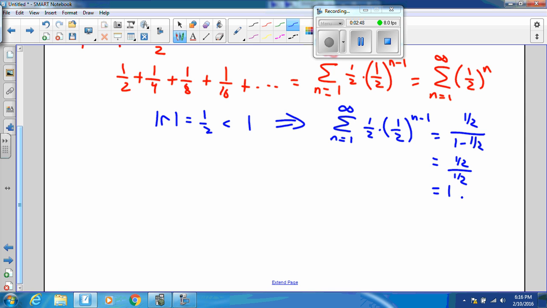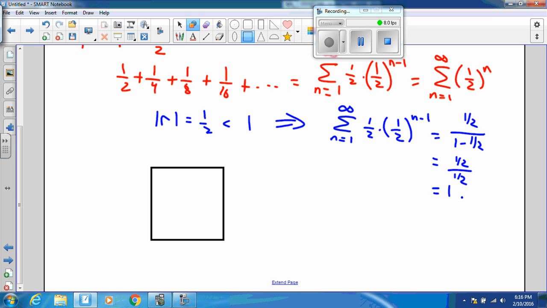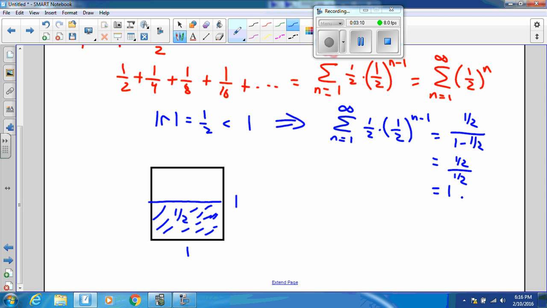And the reason that I wanted to do this problem is that it has a very nice geometric interpretation. If you take a square of side 1, and you cut it in half, so that this part here has an area of 1/2. And then you take the half that remains, so shade all this so that we account for that. Take that half that remains and divide it into 2 equal parts. So this is now 1/4.